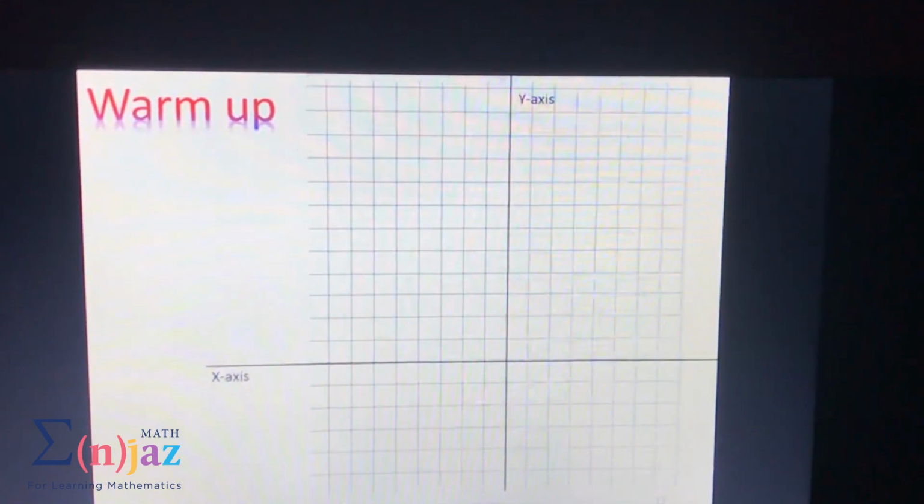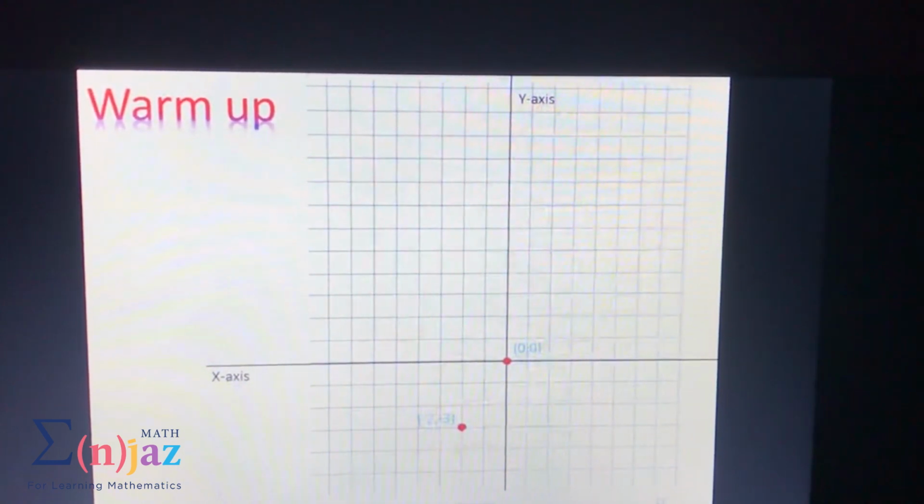So this is our coordinate plane. x is the horizontal axis, and y is the vertical axis, and they intersect at 0, 0. And let's plot 0, 0 and -2, -3.